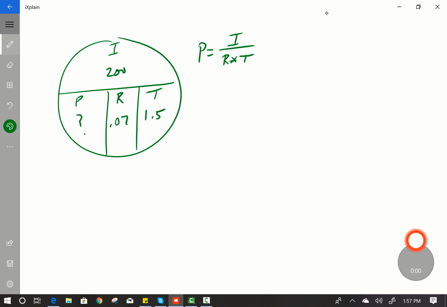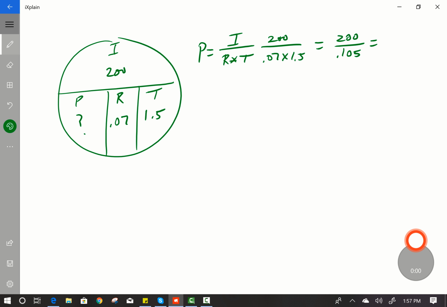So that's interest of 200 divided by 0.07 times 1.5, and that is equal to 200 over, then I'm going to calculate what's on the bottom, 0.07 times 1.5, and that equals 0.105.